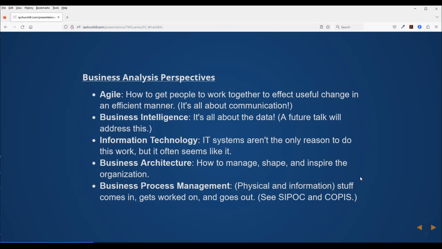And if you know the acronym SIPOC and COPIS, which is supplier, inputs, process, outputs, and customers, and COPIS is simply that in the reverse, so you can unpeel the process or design it from your goal backwards instead of how it's going forward. Those are important parts. I'll talk about those in a future talk.